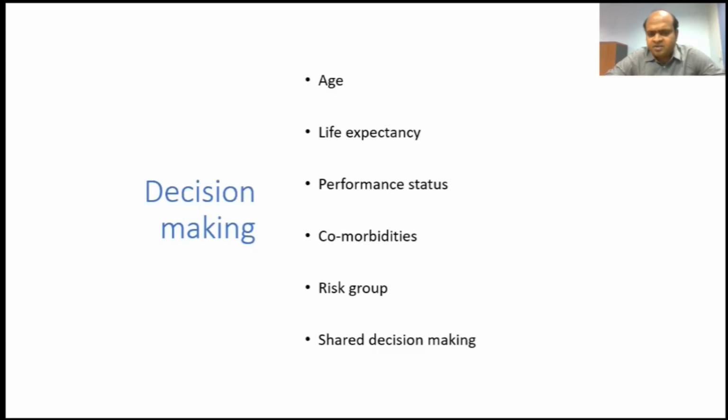And a very important aspect of decision making for prostate cancer treatment is shared decision making. That is, all treatment modalities, pros and cons, which is suitable for the patient, should be discussed with the patient, and then the final decision should be taken.